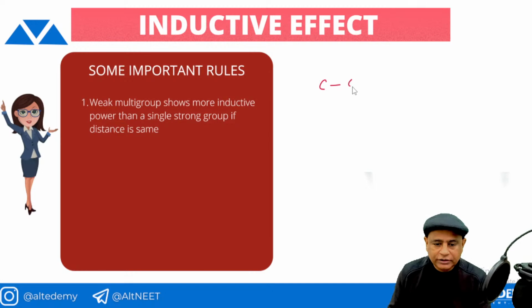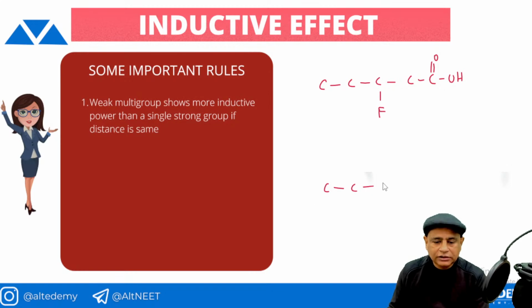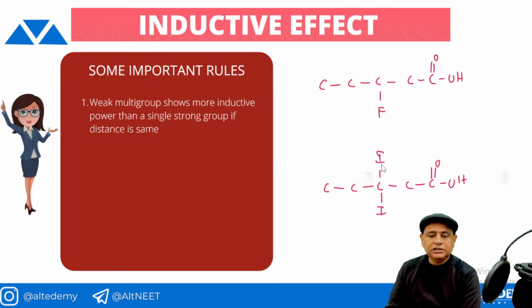Very important. Suppose we have a compound like this. Suppose we are adding a fluorine here, and again at the third place we are adding 2 iodine here. We know that as far as minus I effect is concerned, fluorine has greater minus I effect than iodine.